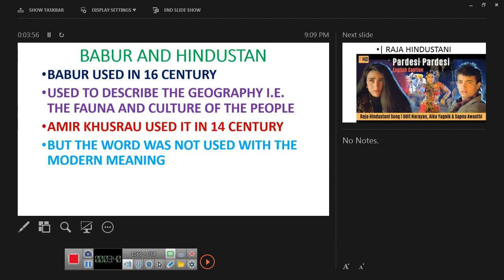But he did not use the word Hindustan for the areas that were mentioned by Minhaj-i-Siraj. He has used the word only for the fauna and culture of the people, not a political area. So the Hindustan culture, the people who are living in that area. That's the word he used for Hindustan.